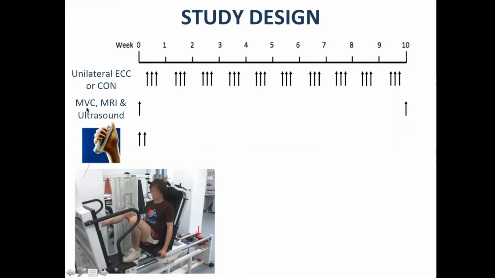We took maximum voluntary contraction, magnetic resonance imaging, and ultrasound scans before the start of the training and after. We trained the participants for 10 weeks, 3 times a week, and we also assessed, and I will talk about this later, the acute molecular responses 30 minutes after the first bout of either concentric or eccentric training with the microbiopsy technique.